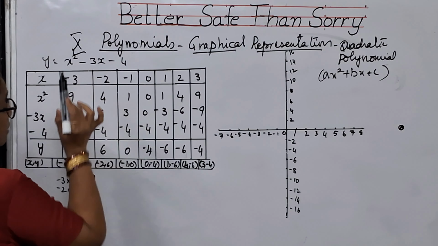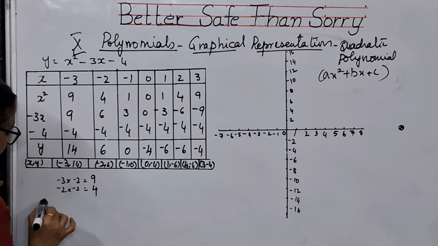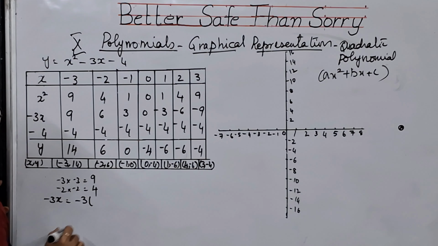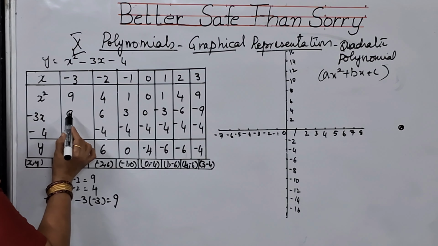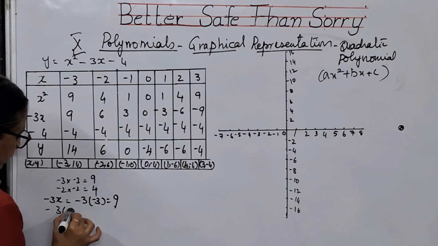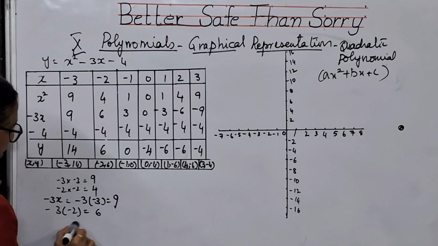Now along with the sign, you have to check, children. So minus 3x. Minus 3x means what, children? Minus 3 into x value. Minus 3 into minus 3 is 9. I have written here. Minus 3 into minus 2 is 6. I have written it here.